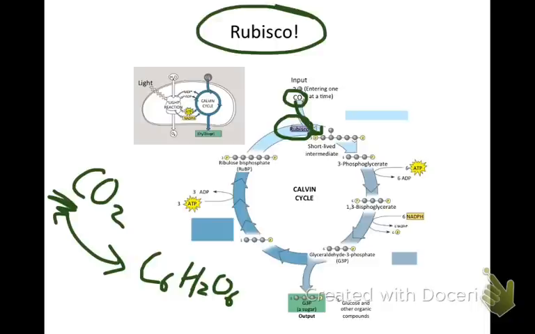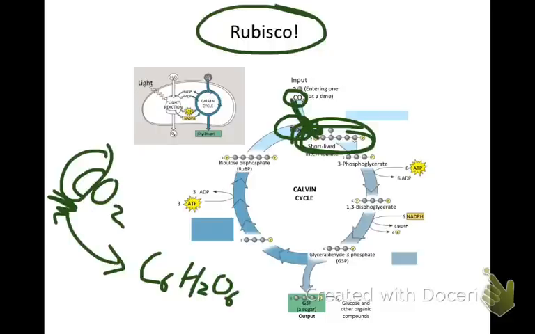So rubisco is in charge of fixing the carbon in carbon dioxide to that first molecule, which I believe is ribulose 1,5-bisphosphate, but I could be wrong there. Rubisco is the enzyme that fixes that carbon in the first place.